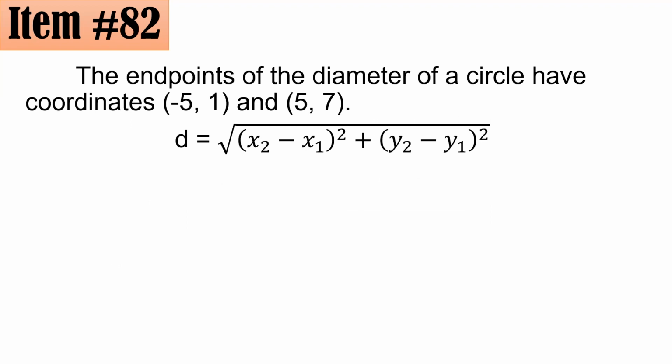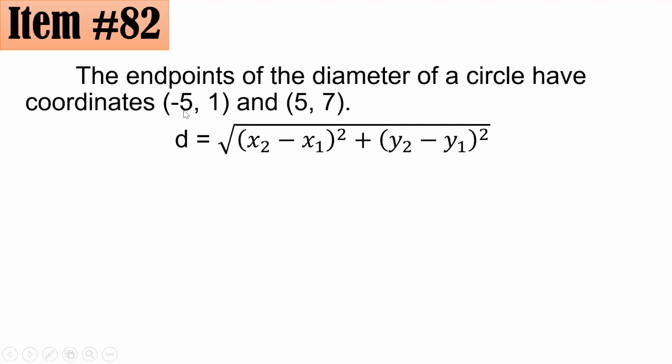And to get the distance between 2 points, (x sub 1, y sub 1) and (x sub 2, y sub 2), we use the distance formula between 2 points, which is d equals the square root of the quantity x sub 2 minus x sub 1 quantity squared, plus the quantity y sub 2 minus y sub 1 quantity squared.